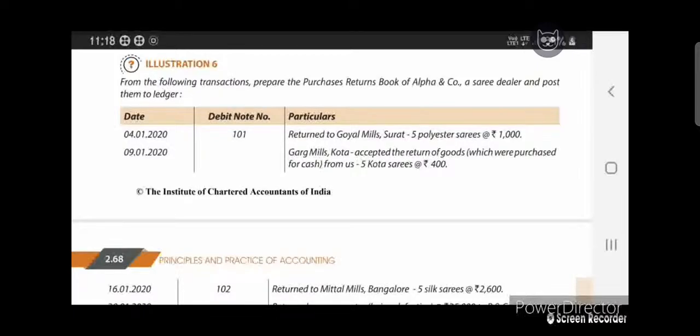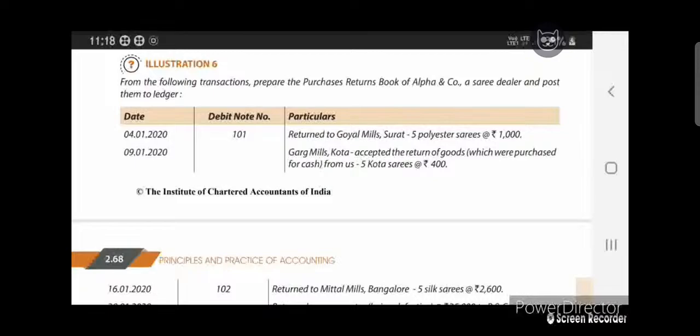The illustration they have given is from 4/1/2020 with debit note 101. On 4/1/2020 they returned 5 polyester sarees to Goyal Mills, Surat at the rate of ₹1,000, so one polyester saree is ₹1,000 and 5 means ₹5,000.